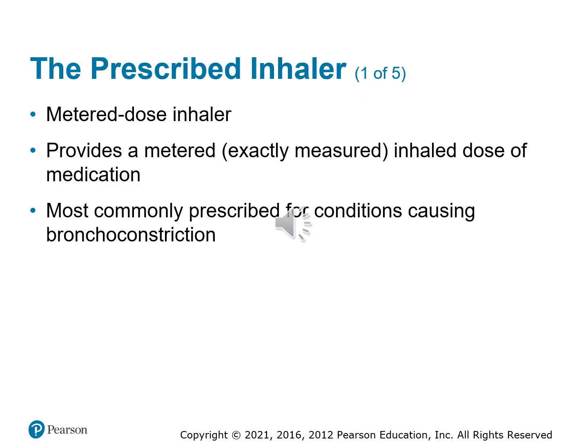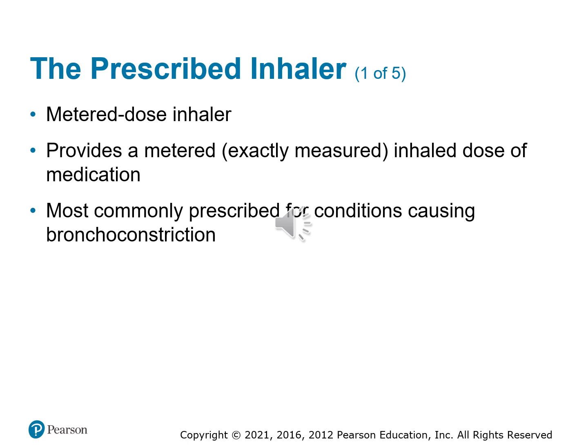On page 546 of your textbook, you can follow along here with the prescribed inhaler. We usually call these metered dose inhalers because it is a controlled amount of medication that they are getting with each depression of the inhaler cartridge.